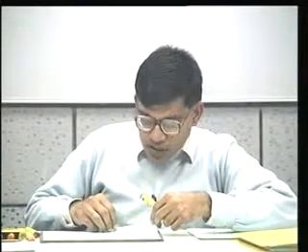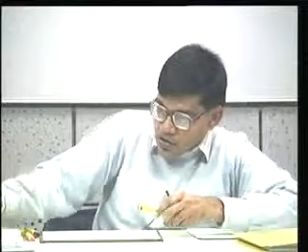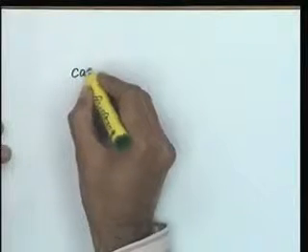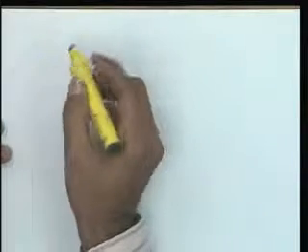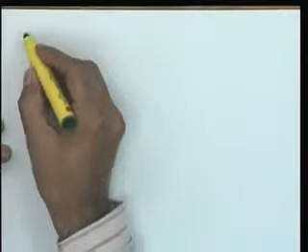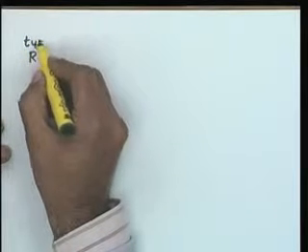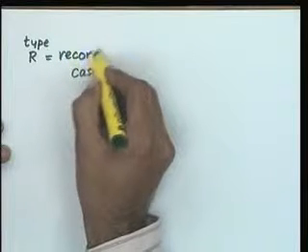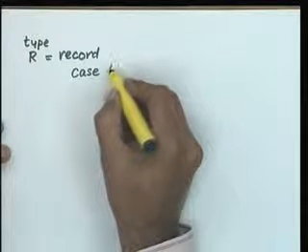So the variant construct, for example, works as follows. You have something like a case. This is within a record declaration. Okay, you have some record R, let's say, type R equals record something case tag.